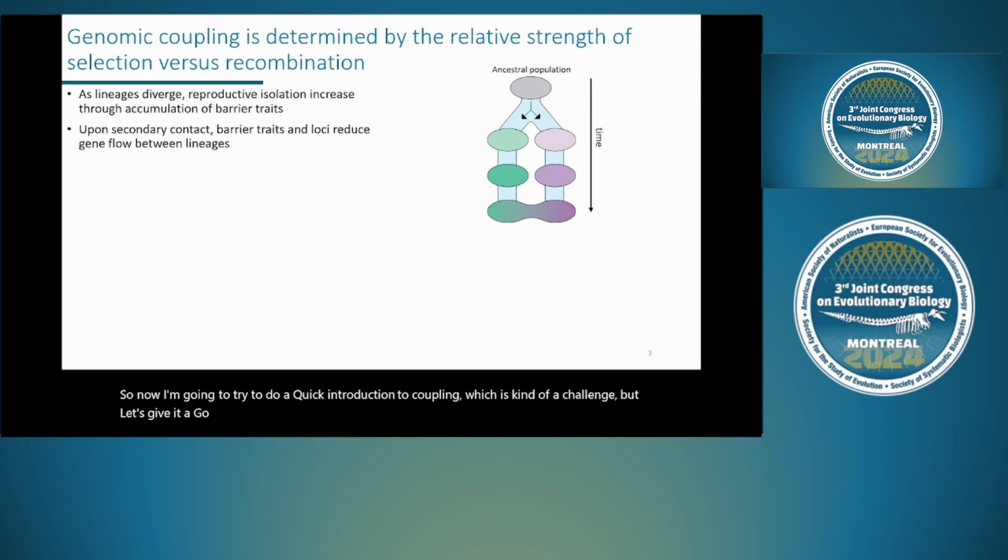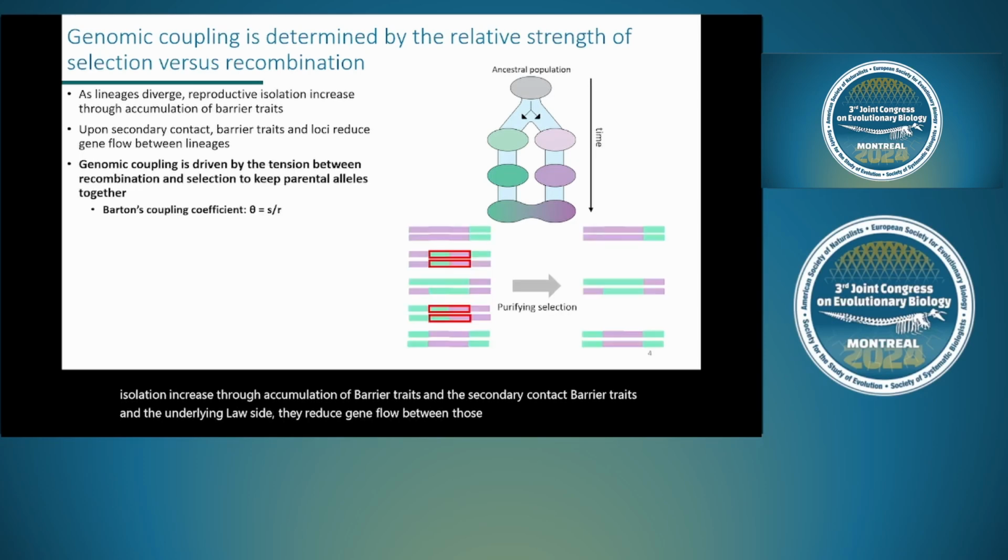As lineages diverge in allopatry, reproductive isolation increases through accumulation of barrier traits, and upon secondary contact, barrier traits and the underlying loci reduce gene flow between those lineages. Genomic coupling is fundamentally driven by this tension between recombination and selection to keep parental alleles together.